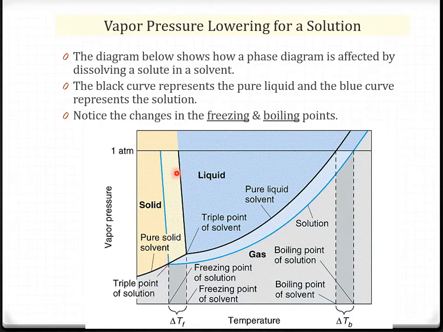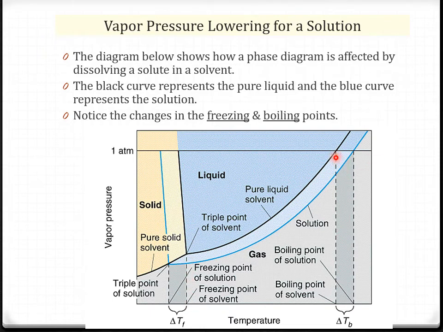We also can notice that in this phase diagram there are differences in freezing point and boiling point. The freezing point of a solution is lower compared to the freezing point of the solvent.